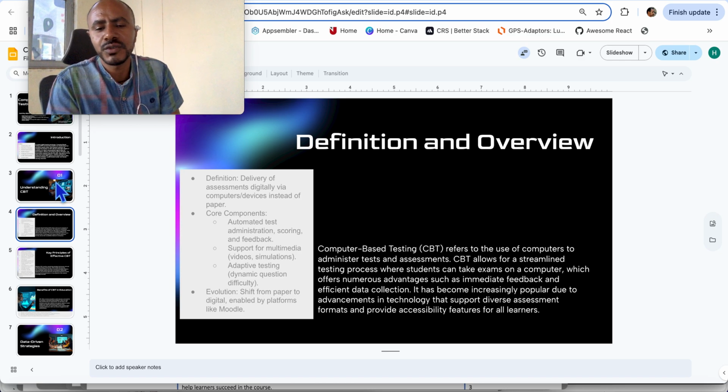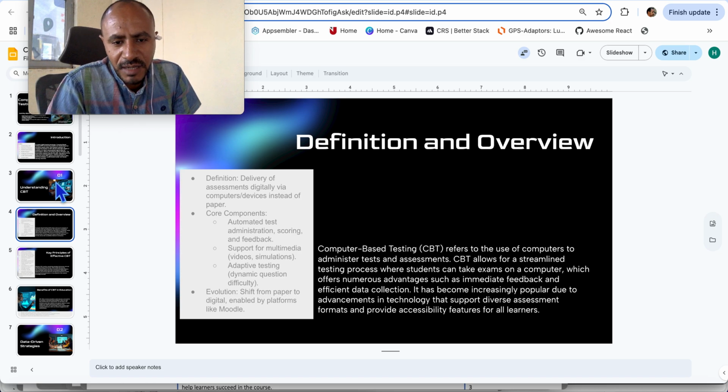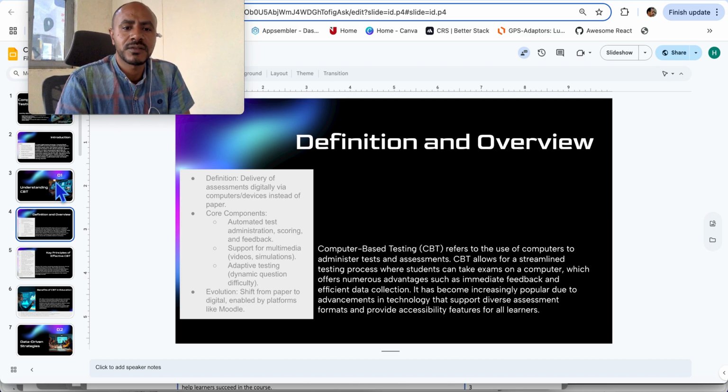when we use computer-based testing, there are a few core components that we should consider. Okay, one is we are talking about automated tests. Okay, so instructors would prepare their exams using certain formats, put them in these LMS systems, and this is one area of effort that instructors are expected to do.